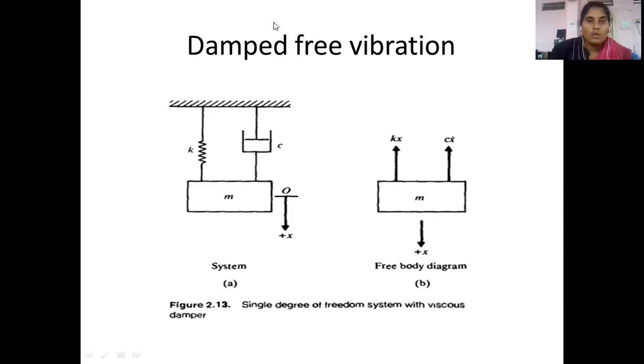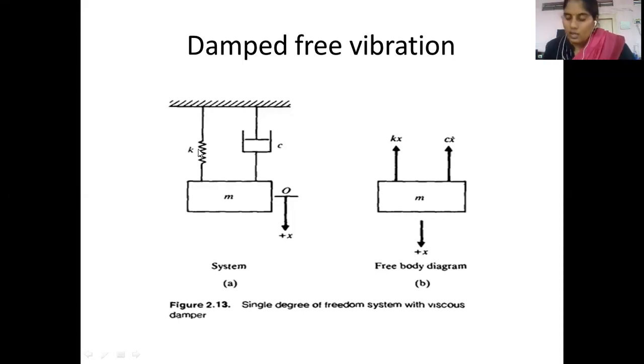I hope all of you have completed the diagram. And so the forces produced in this system. Which forces will be produced here? One is related to K and the second one is related to C. So K is the spring constant.